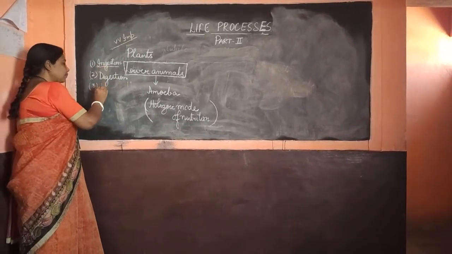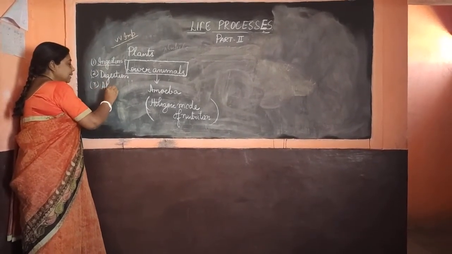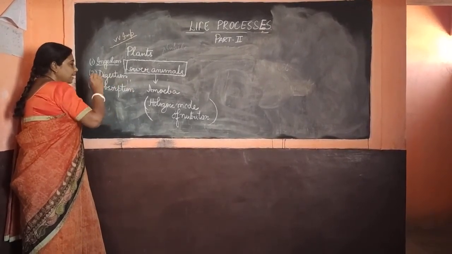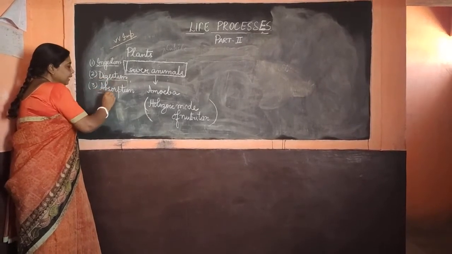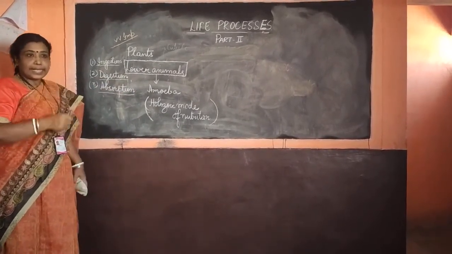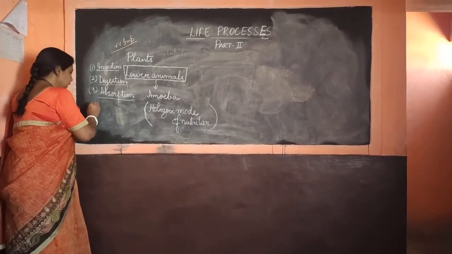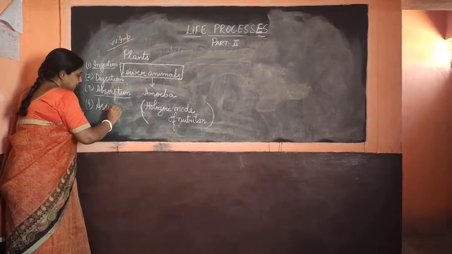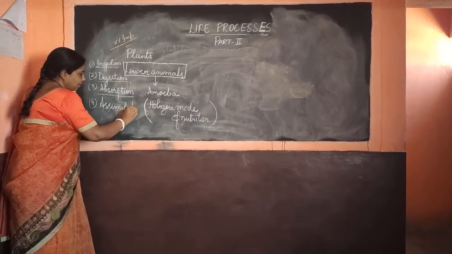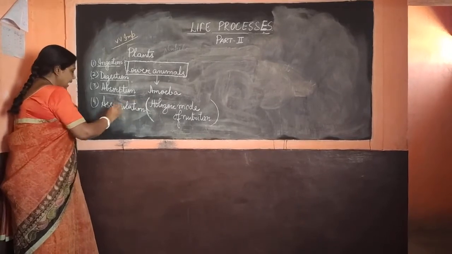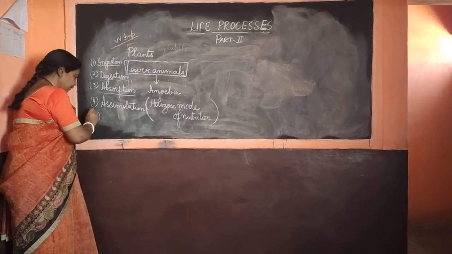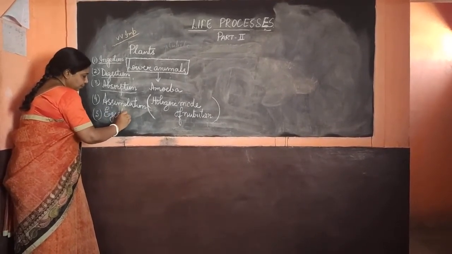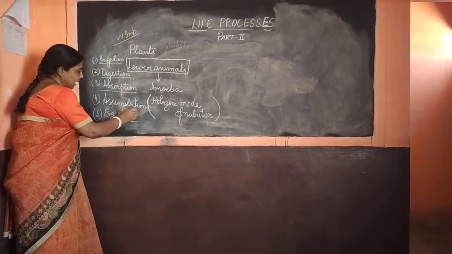Third, once the food is digested, it needs to be absorbed by the body, then only it can be utilized. Then what happens? Assimilation. Once it is absorbed, it is ready for utilization, and the food which is not digested is eliminated out of the body, and that is known as egestion.